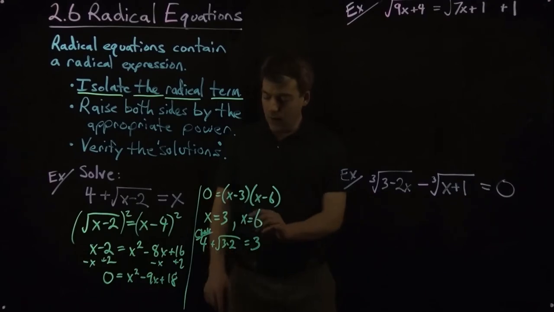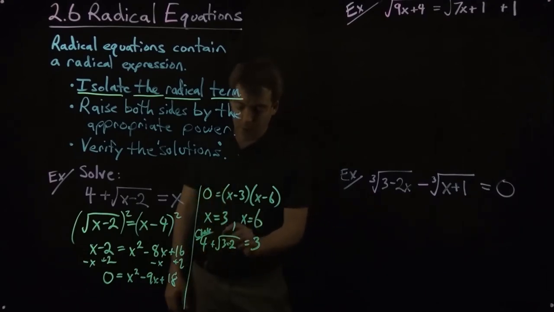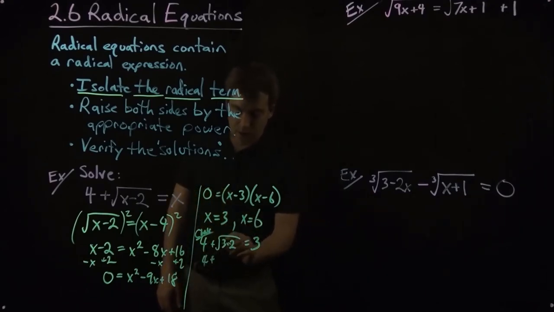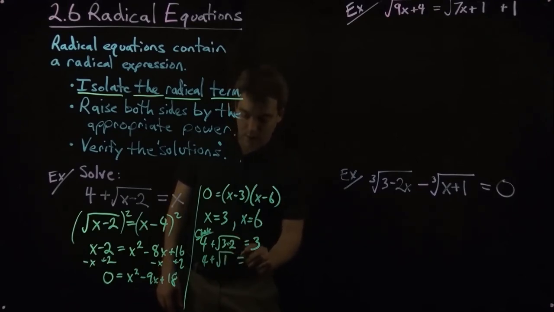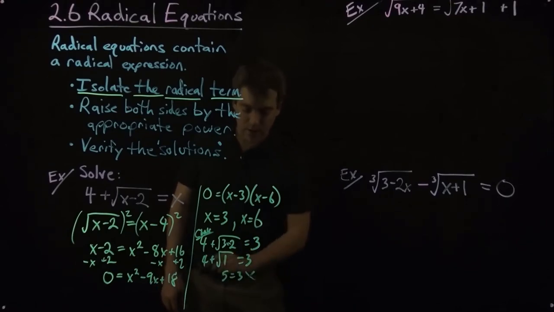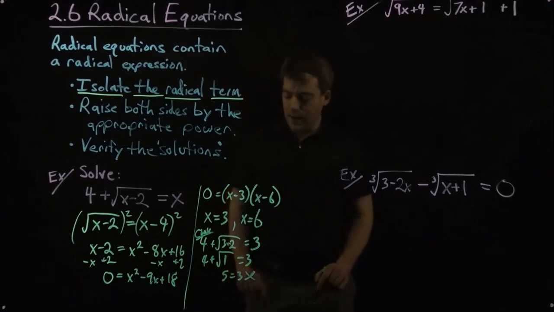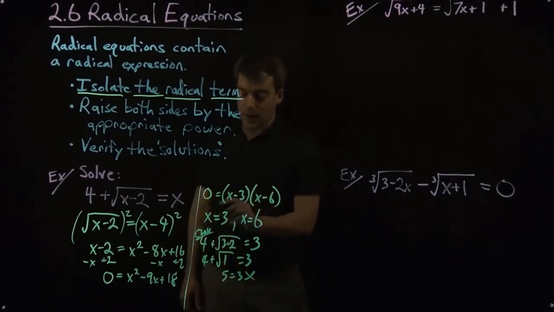So 4 plus the square root of 1 equals 3. So we have 5 equals 3. That is not right. That is false. So this solution is out.